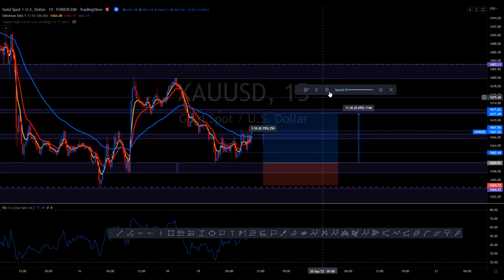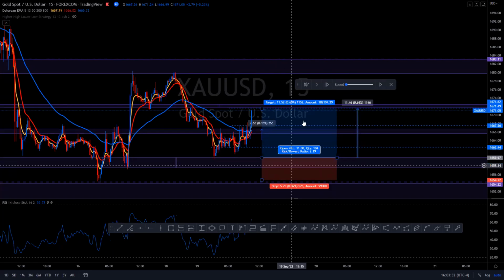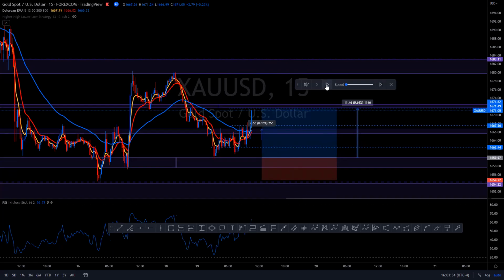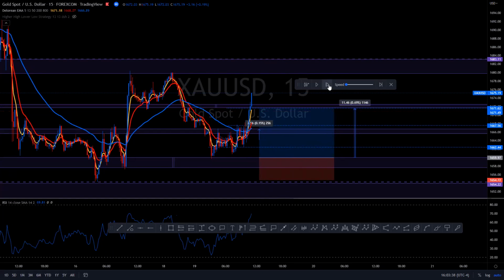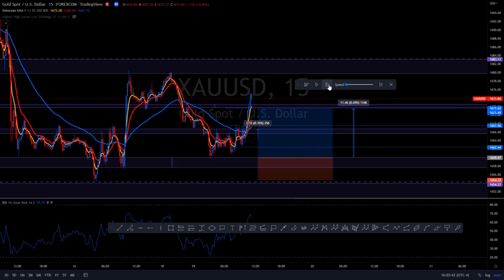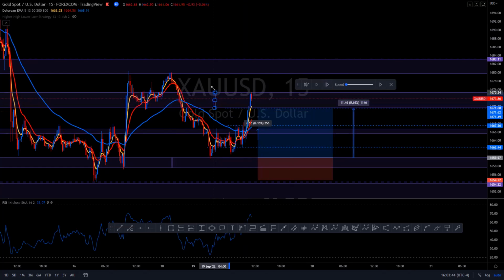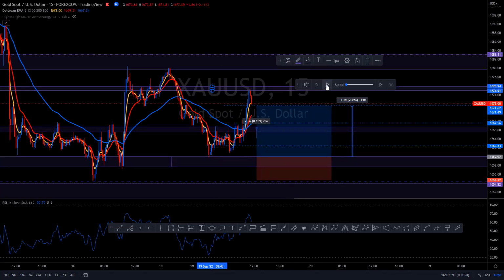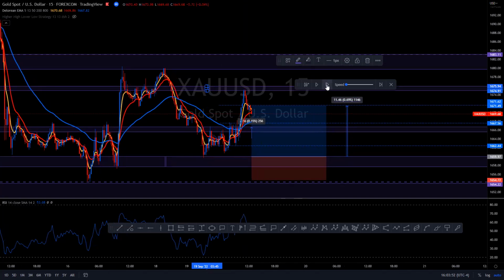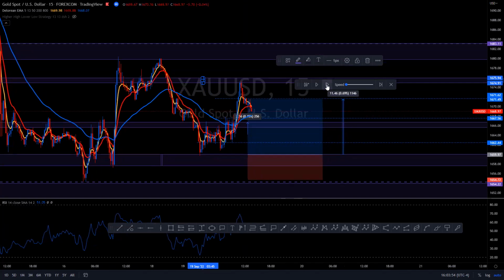So then price went up some more and then went up, at least tested this zone. Well, no, not even that, busted through that zone. And so then that's when we actually had our supply area, and that's when it held. And that's when price started to push down.